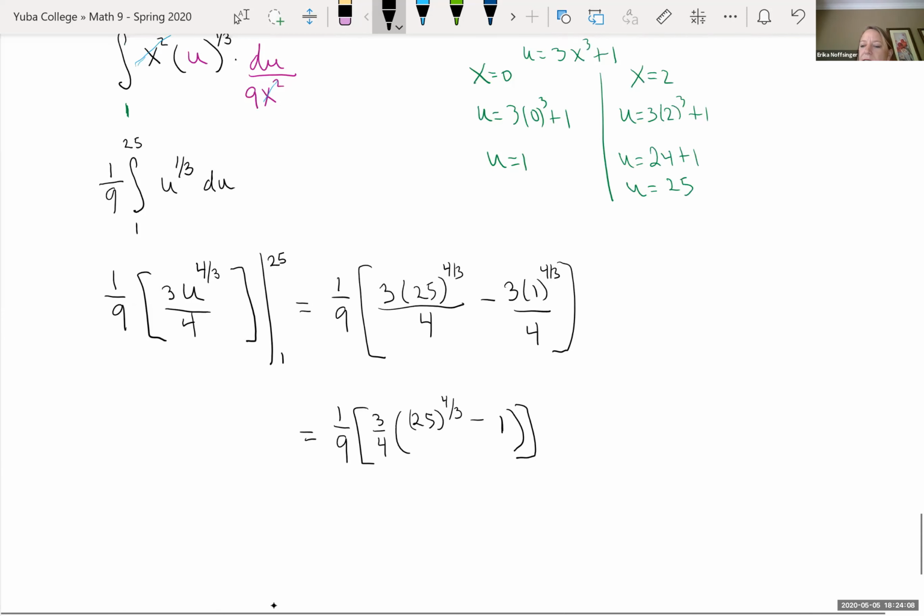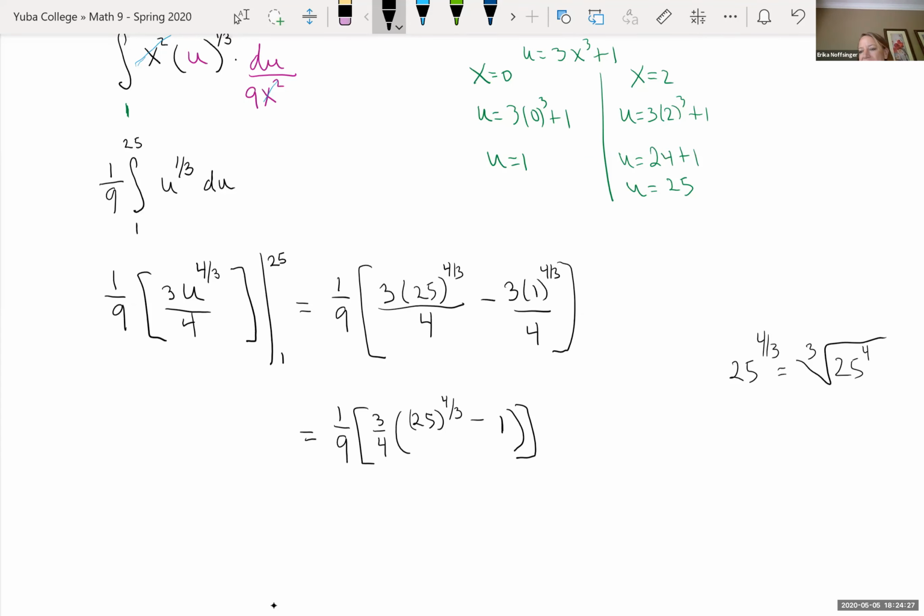I notice this is the same thing as the cubed root of 25 to the 4th. Remember that 25 is 5 squared, right?